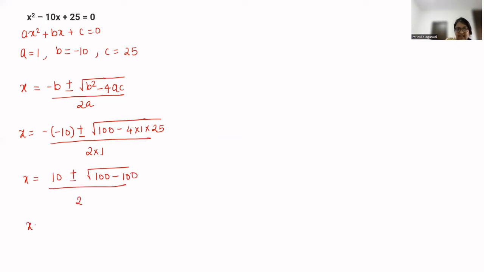As you can see, the discriminant D is 0. So when D is 0, what are we getting? x equals 10 upon 2. So we have 2 roots and those roots are the same, equal. So it's real, and we have 5.